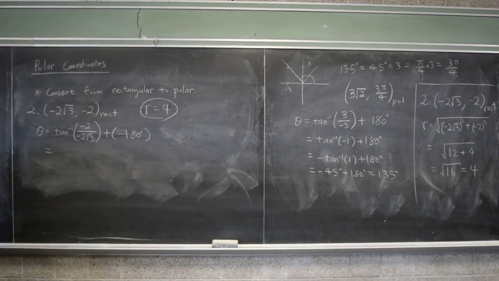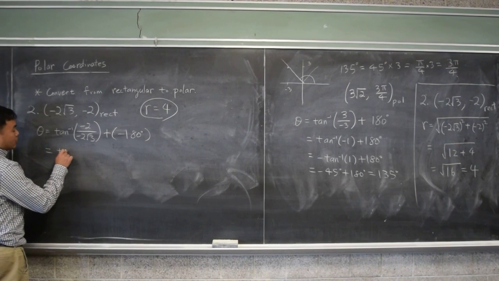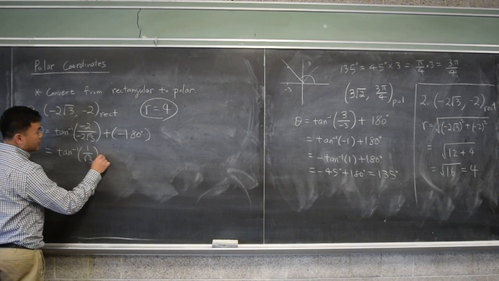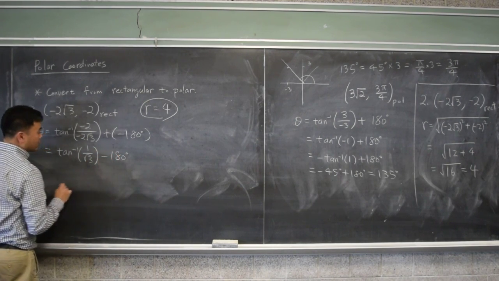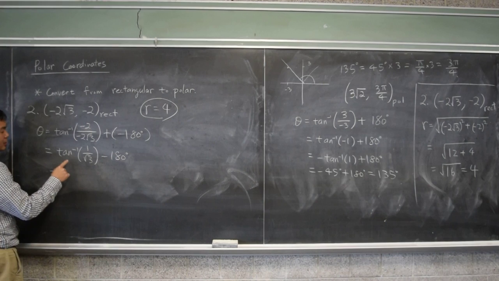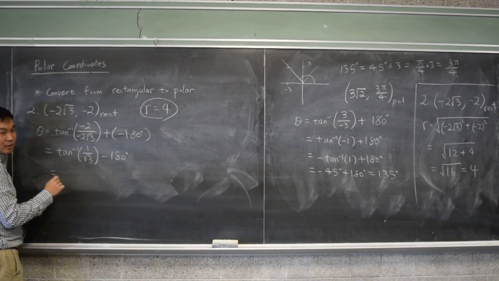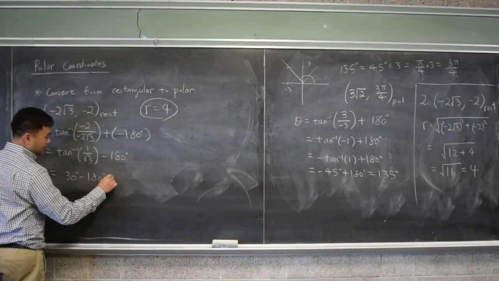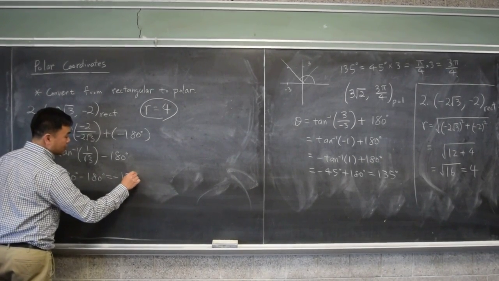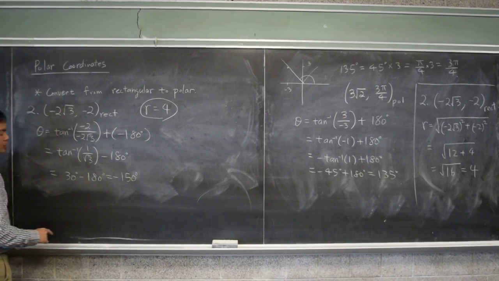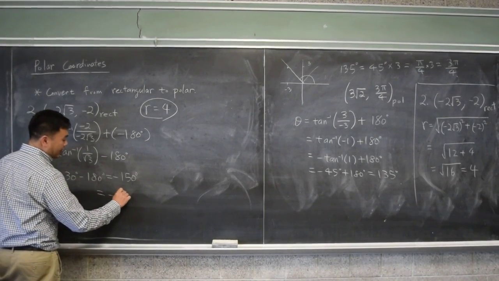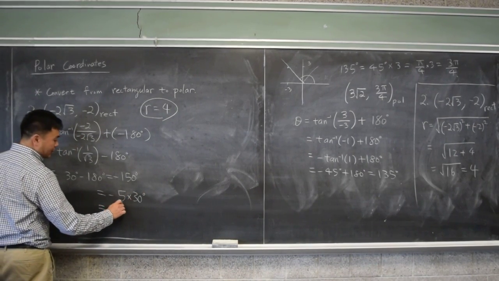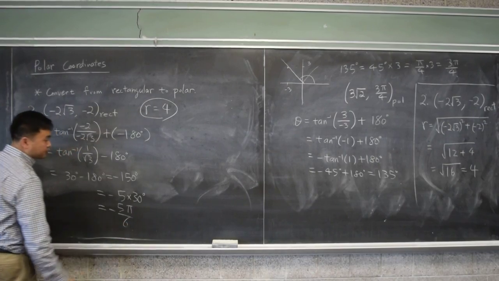Okay? All right, so you have tangent inverse of 1 over radical 3, and hopefully you remember that tangent inverse of this is 30 degrees. It's negative 150 degrees. Or since this is 5 times 30 degrees, and 30 degrees is pi over 6, it's negative 5 pi over 6.